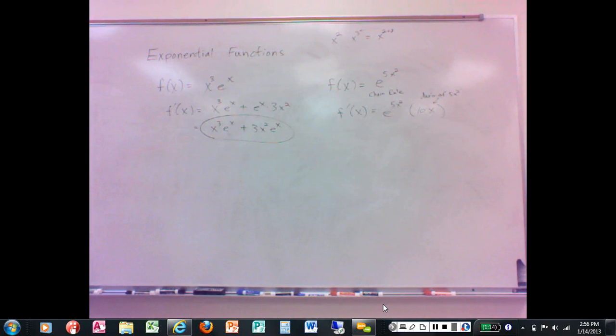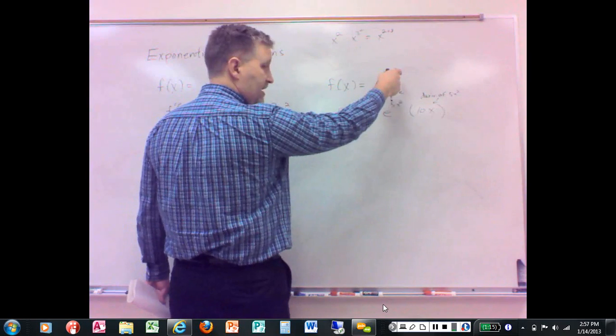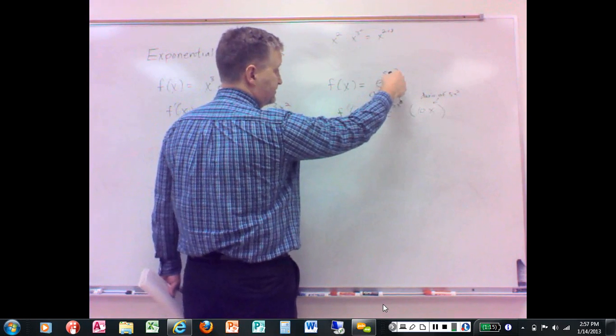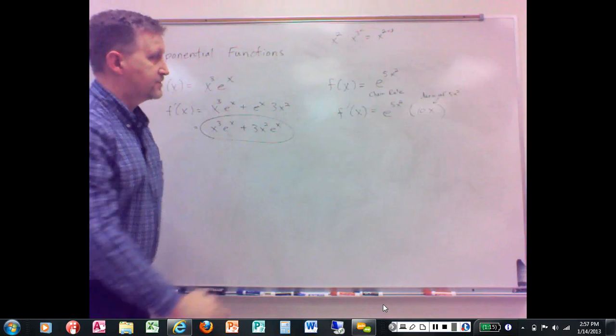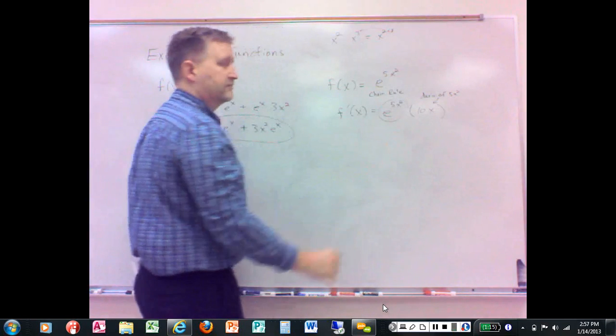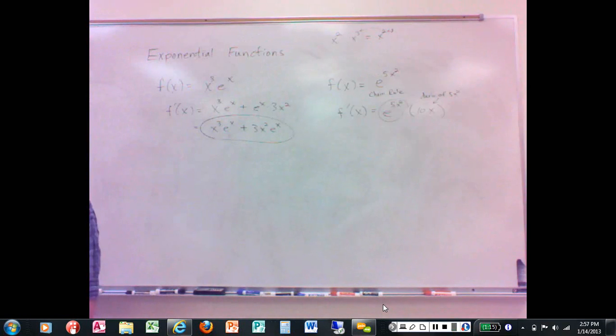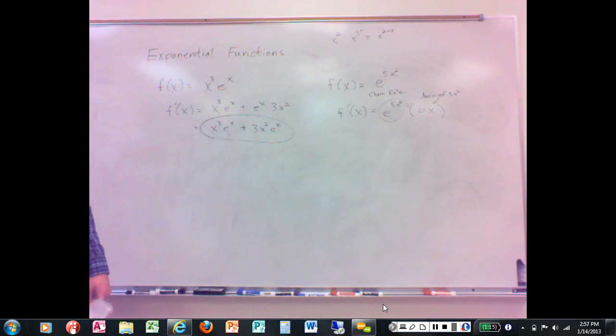It's not probably as clear as some chain rules, because you maybe don't see the inside and outside, but basically the e to the power is the outside and the inside is your power. So this is the derivative of the outside. E to a power is just e to a power. However, you have to do the derivative of the inside, which is 5x squared. It's the chain rule. With me?